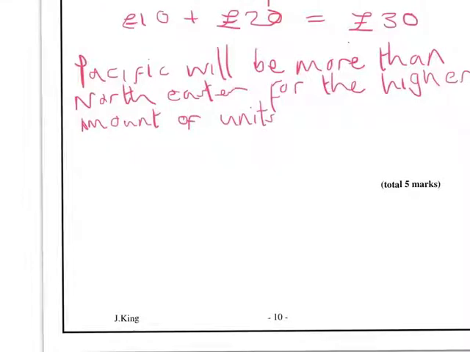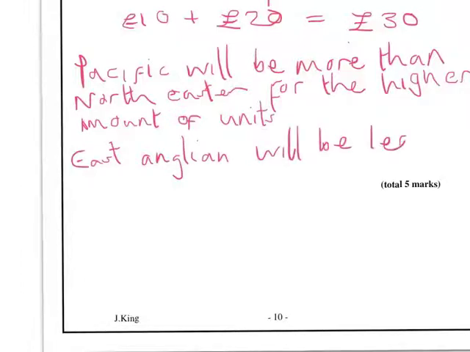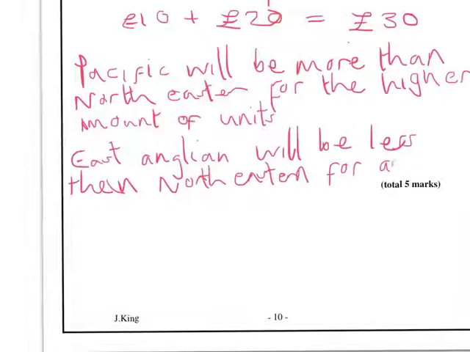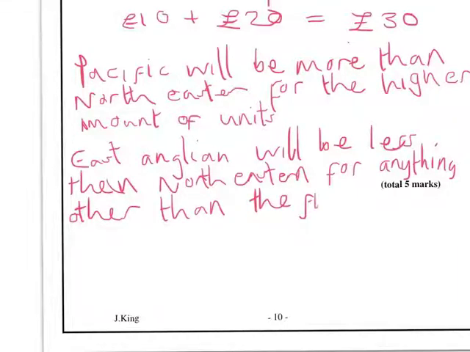So East Anglian will be less than North Eastern for anything other than the full 200 units.